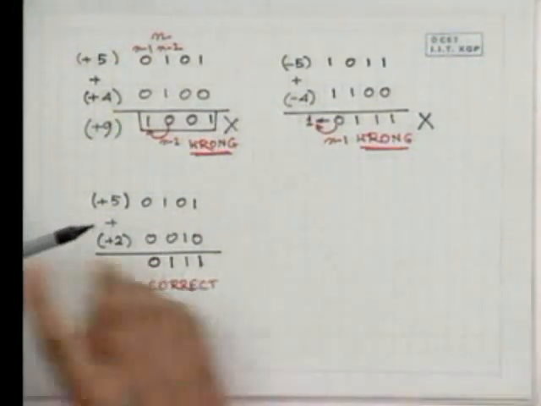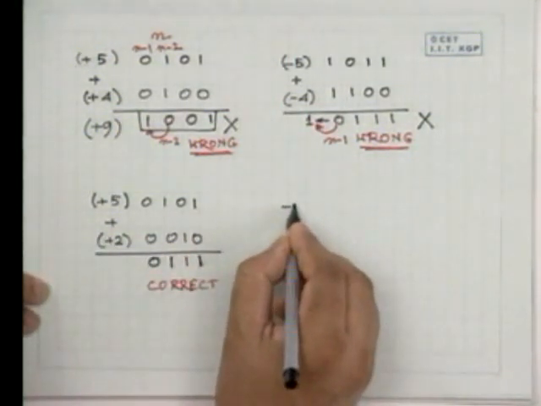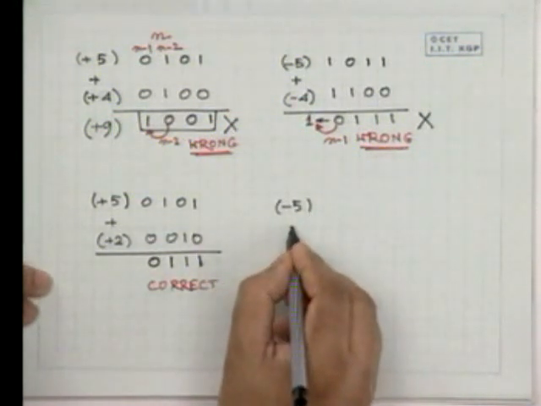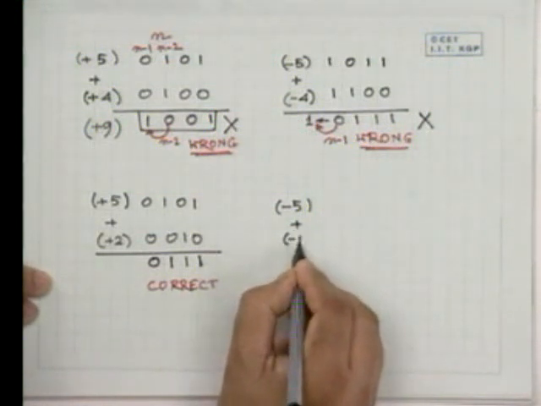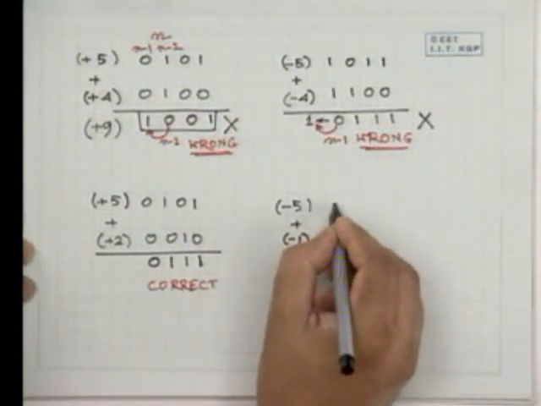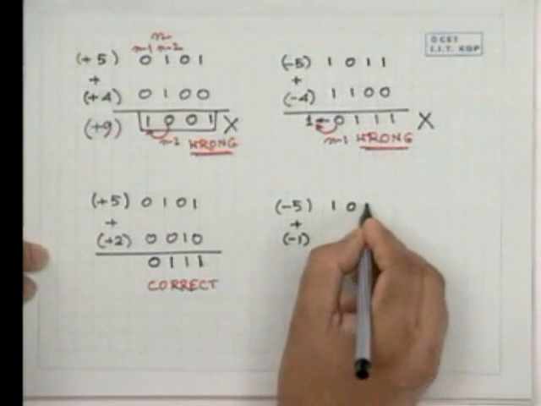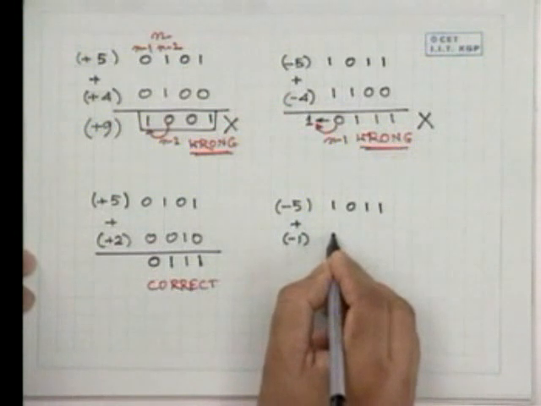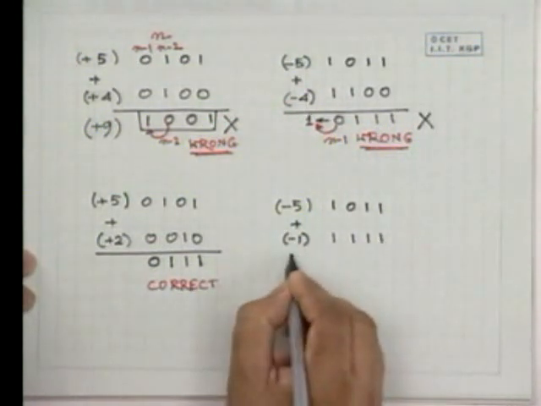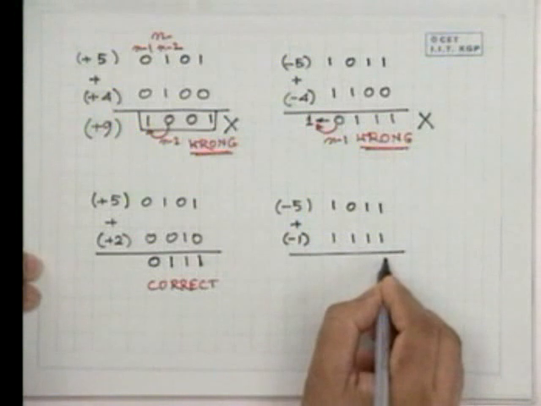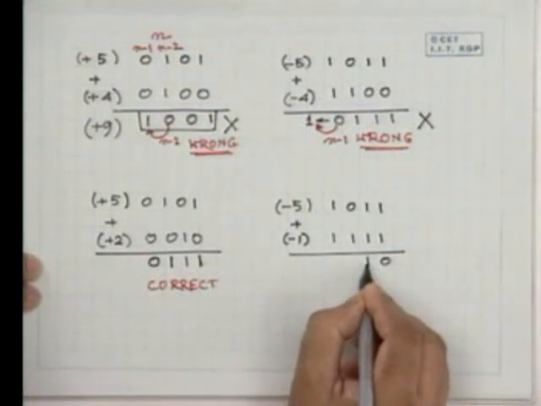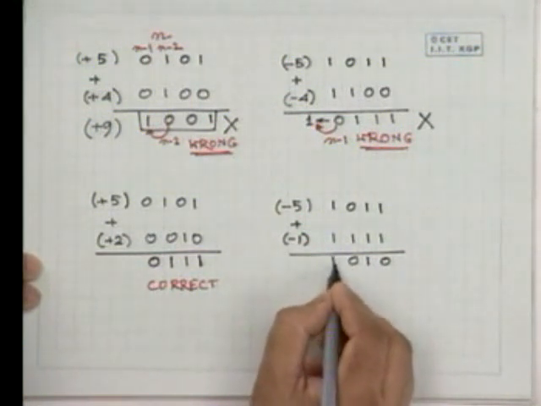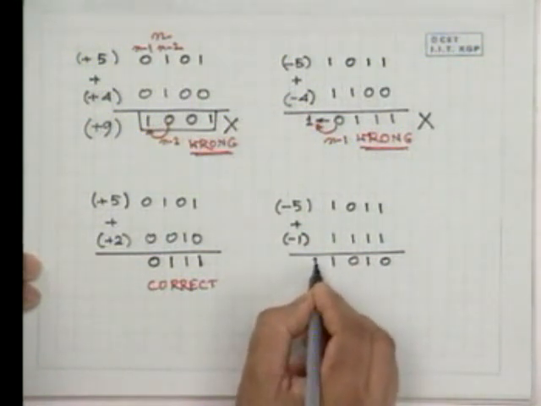Similarly, let us take say minus 5 and say minus 1. Okay. This is 1, 0, 1, 1, which is minus 5 in 2's complement, and minus 1 is 1, 1, 1, 1, and if we add them, we get say 0, 1, 0, 1, and a carry comes out of this bit.